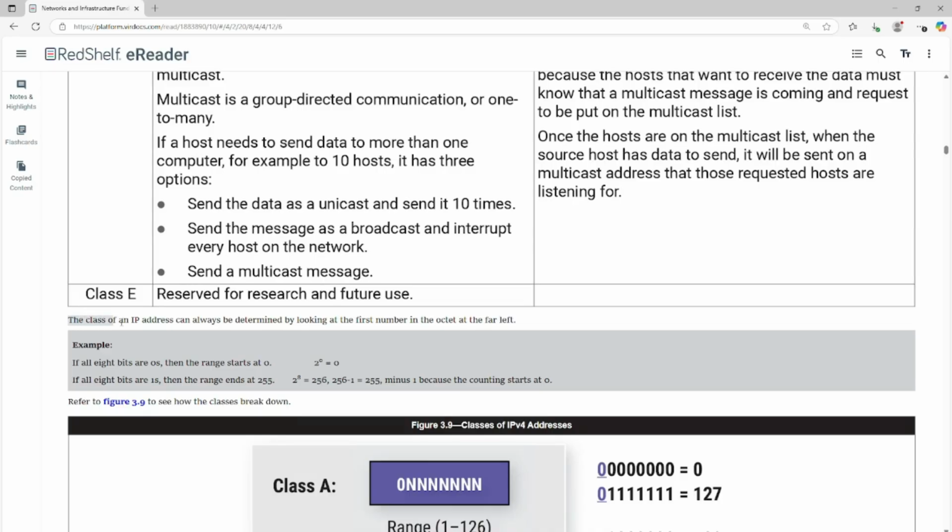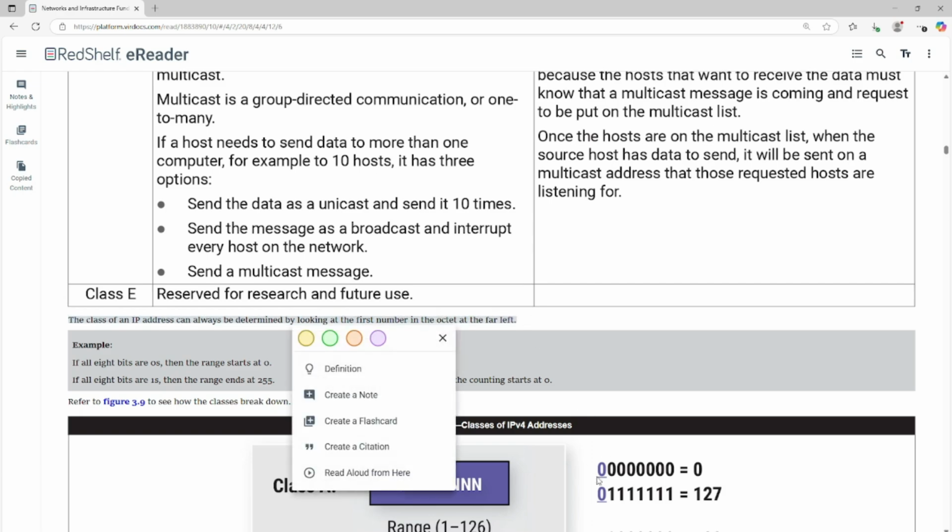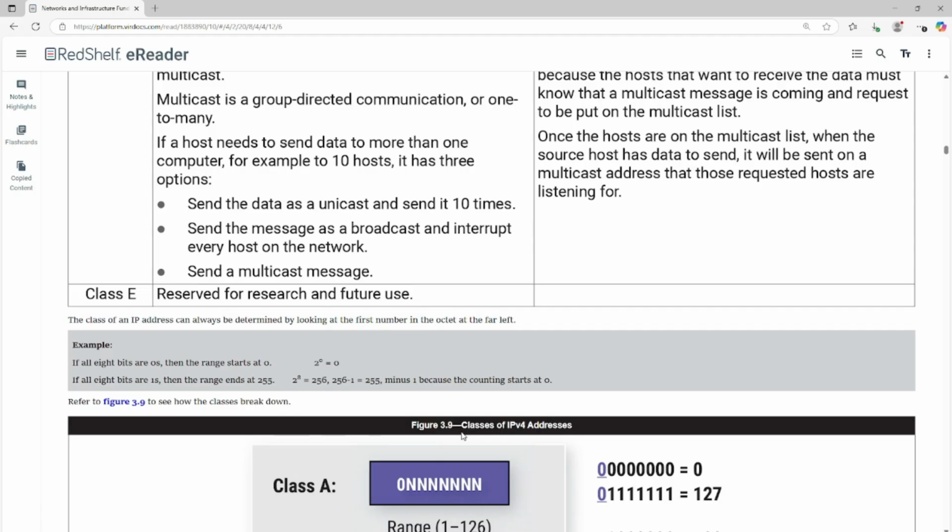Note that the class of an IP address can always be determined by looking at the first number in the octet at the far left. Look at the diagram on figure 3.9. Yep, the far left.